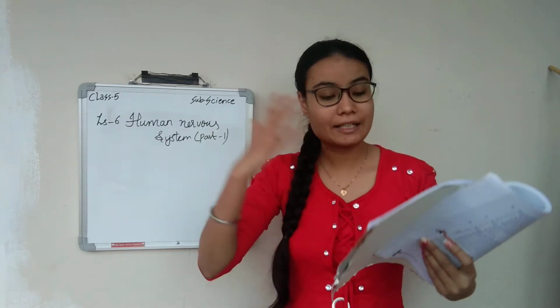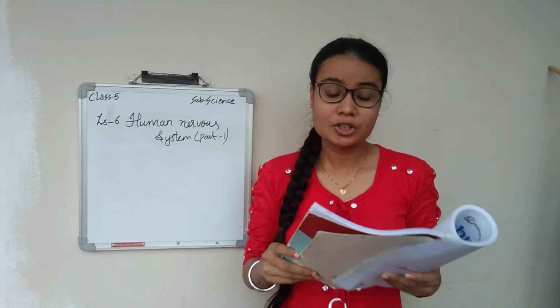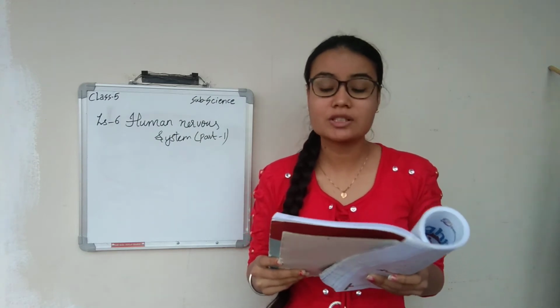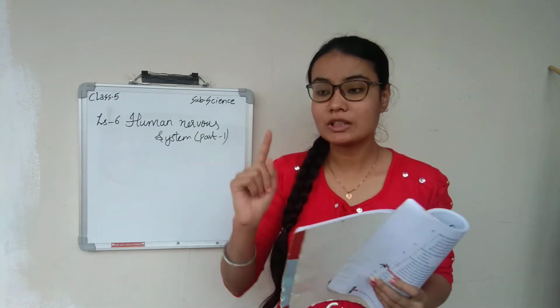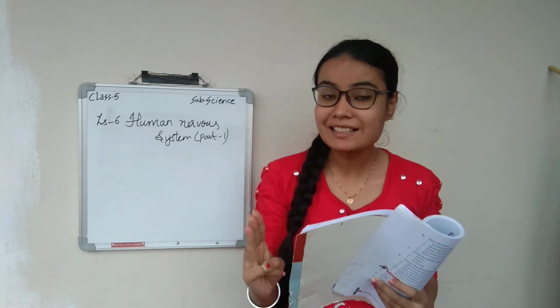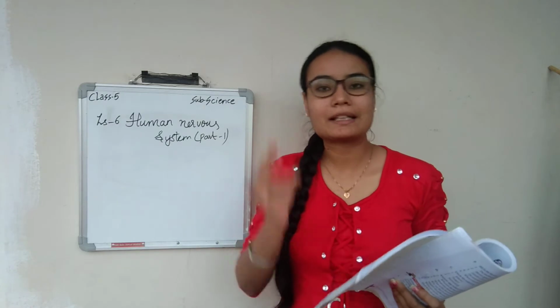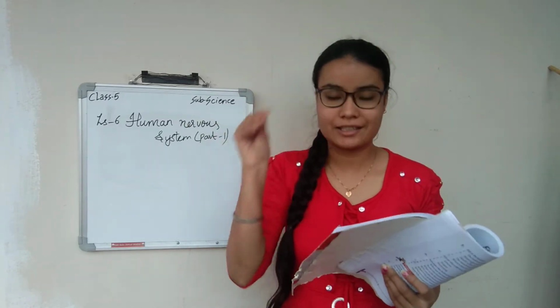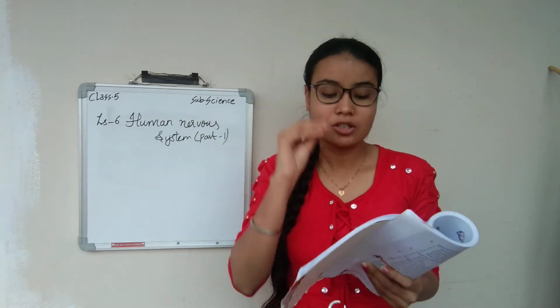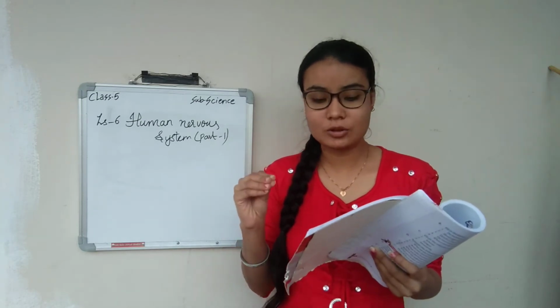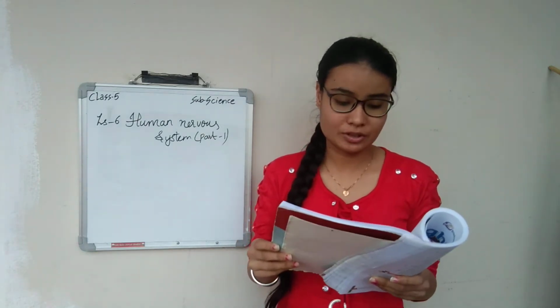Brain, spinal cord and so many nerves together, they are called as what? Nervous system. So when the word nervous system is there, तो उसमें क्या चीजें आते हैं? Brain, spinal cord, and दुनिया भर के हमारे बॉडी के अंदर जो वायर्स है, that is called as what? Nerves. That make together what? Nervous system.